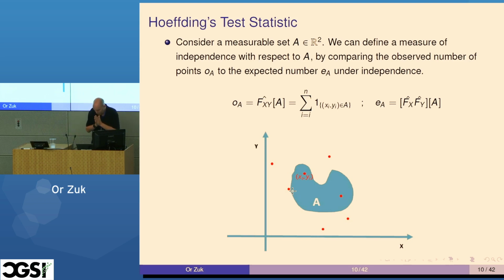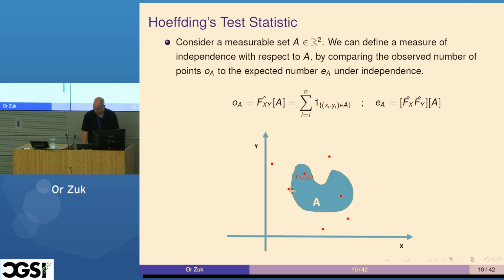So there are methods that do that and use a grid, and you need to specify very specific rates at which you increase your resolution or decrease your cell size with n, with the sample size. I want to present a slightly different method, actually a classic one by Hoeffding, that is doing something a bit different.